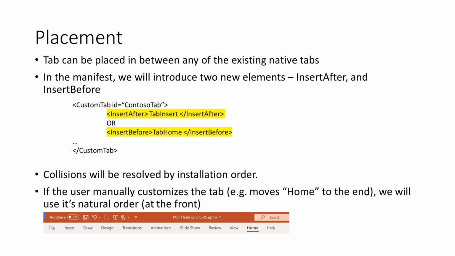And what that means is that if the user goes and right clicks and goes to Ribbon Manager and says, I move my home tab down to the end of the line, if you specify, hey, I want to insert before tab home, we will take the natural order. So we will take the order of home being near the front. So kind of unaltered.